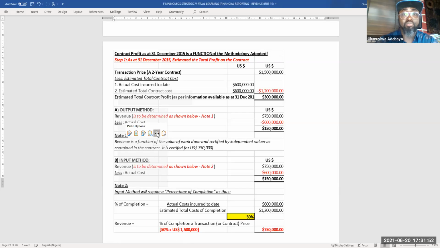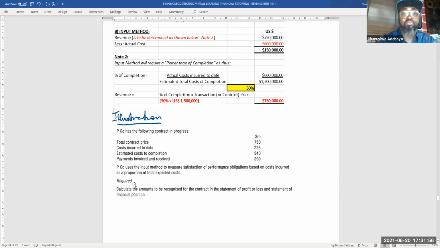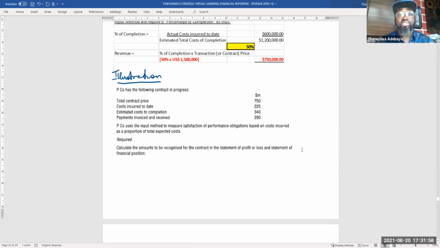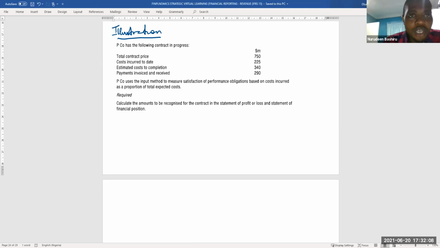Okay, let's look at another illustration. Can somebody read this illustration to us? Illustration 2. PICO has the following contracts in progress. All figures in $1 million. Total contract price, 750. Cost incurred to date, 225.